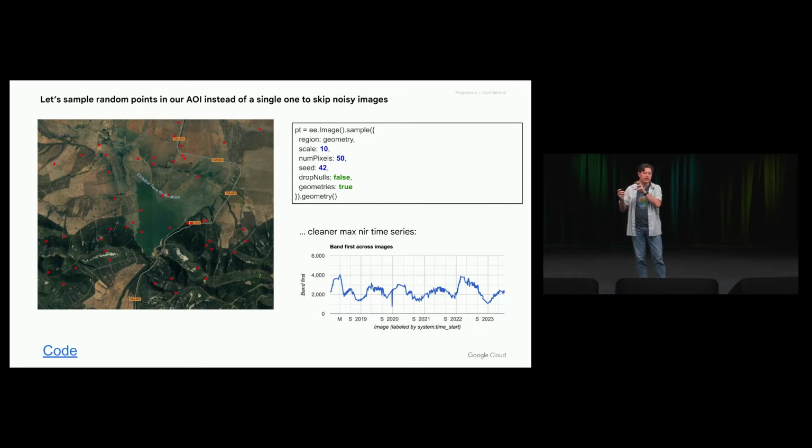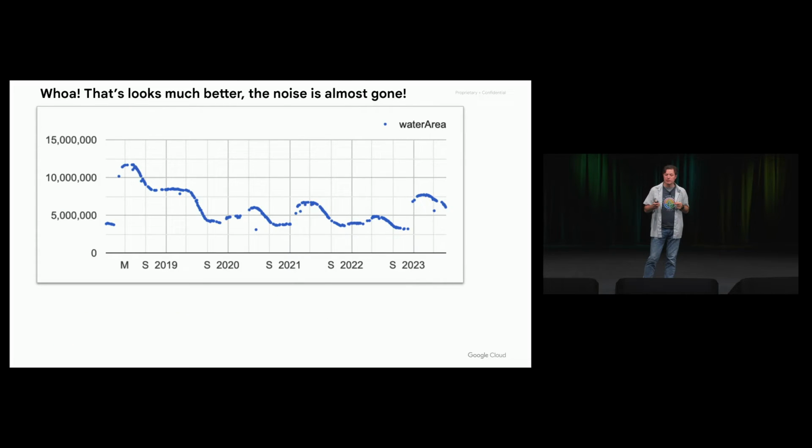And when you use that instead of just one point in the middle of the water body, we will see that our noise is gone. So we did not use any cloud masking here. We were able to get rid of cloudy images over our area of interest. And this algorithm, I believe, would also be applicable to many other areas or applications.